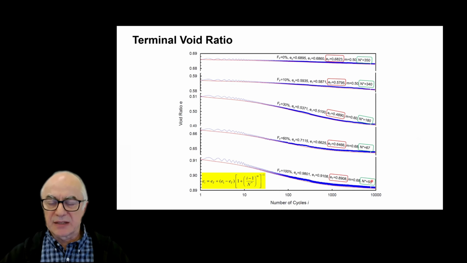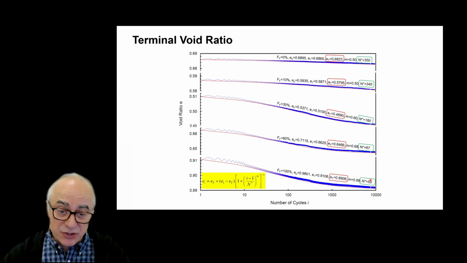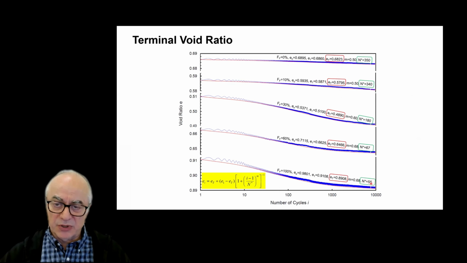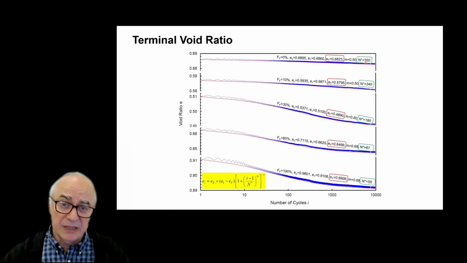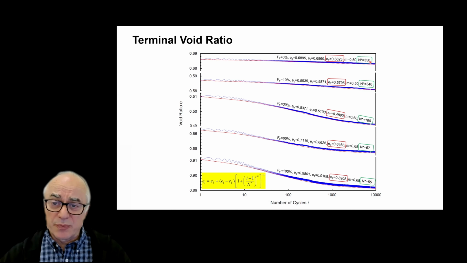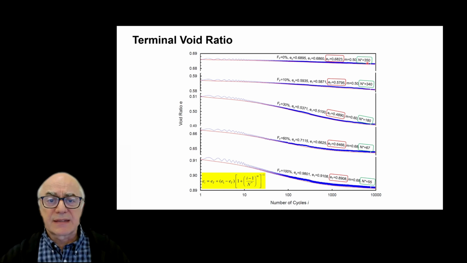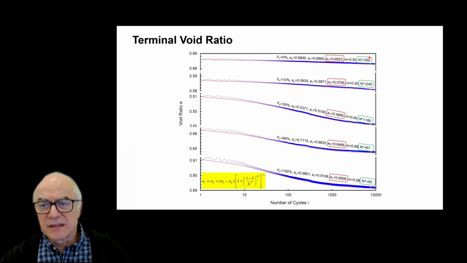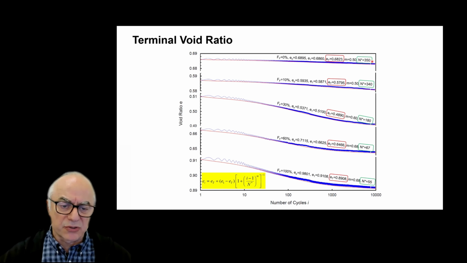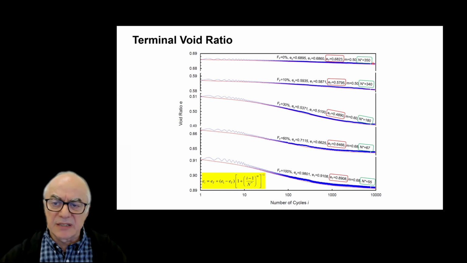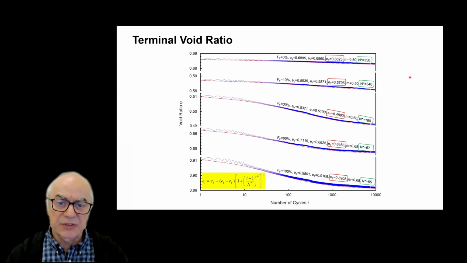So for the sands with a large fraction of fines, it takes a very small number of cycles, but the deformation is going to be slower but more persistent for the sand without fines. Also notice that in all cases, it takes a fairly large number of cycles. It's not just the first 2 cycles or 10 cycles like has been suggested in previous studies.